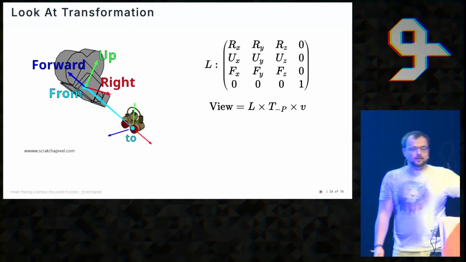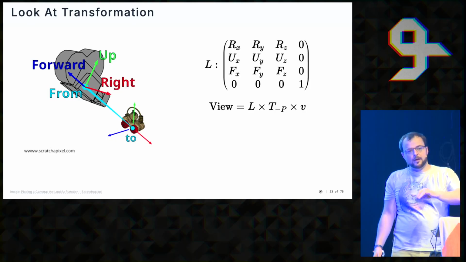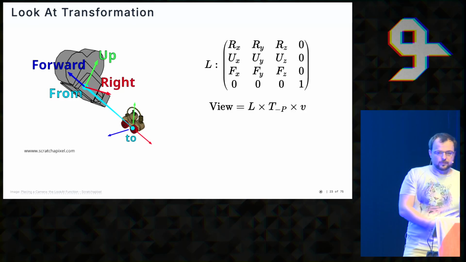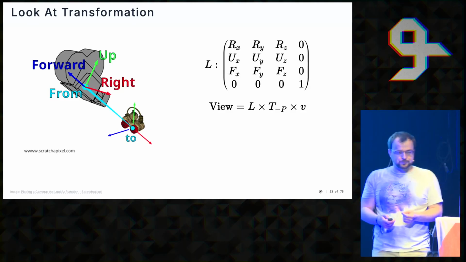You would again also translate everything relative to the camera, so you also handle the position of the camera. So if the camera moves, everything in the world moves from your perspective.